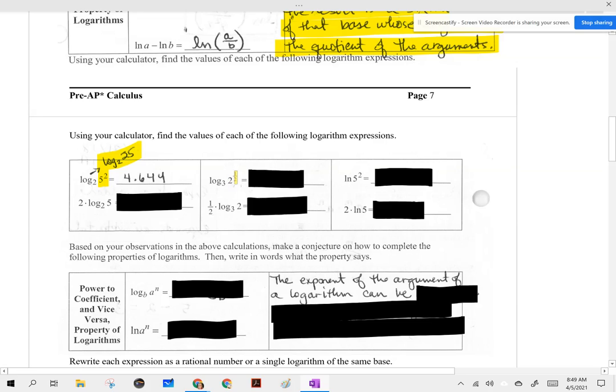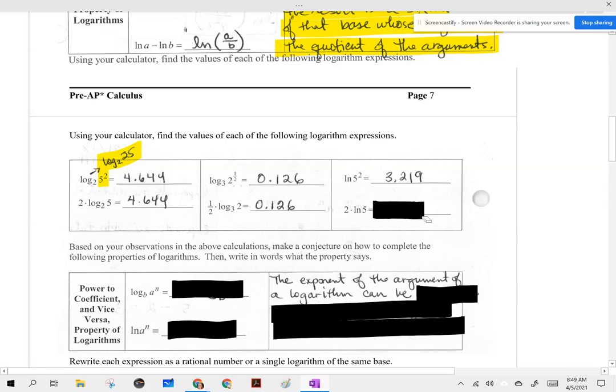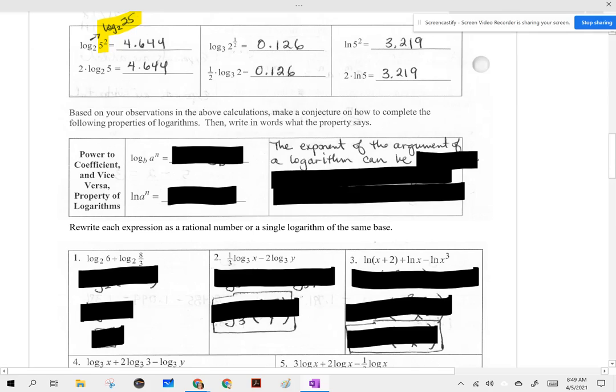Remember, 2 to the 1/2 is like the square root of 2. Again, use your calculator, always go to 3 decimal places. This is just calculator work. Make sure that you're getting these numbers. If you're not, make sure you come and ask questions, and I can show you what you might be doing wrong.